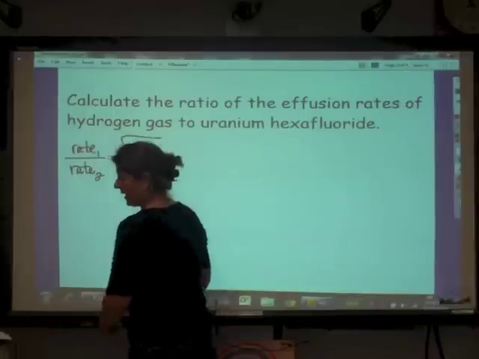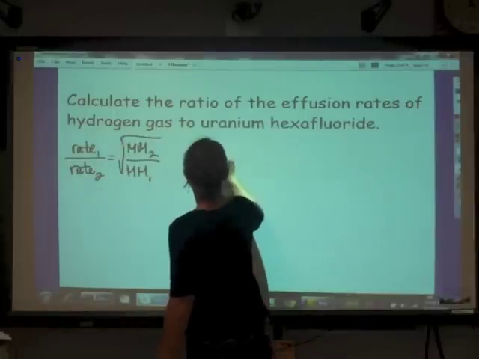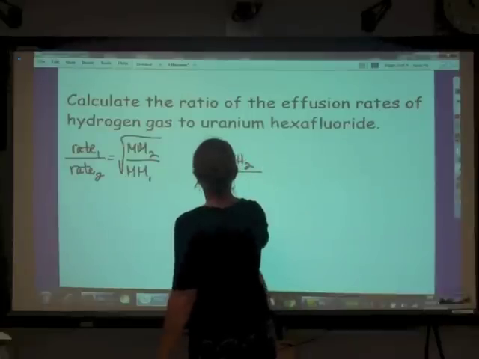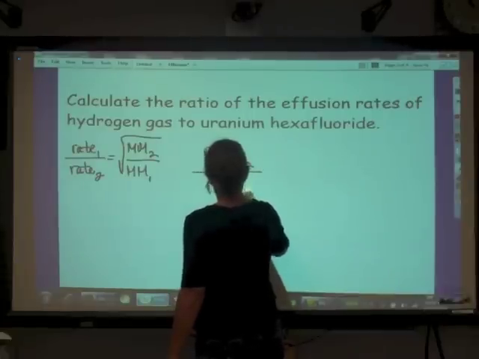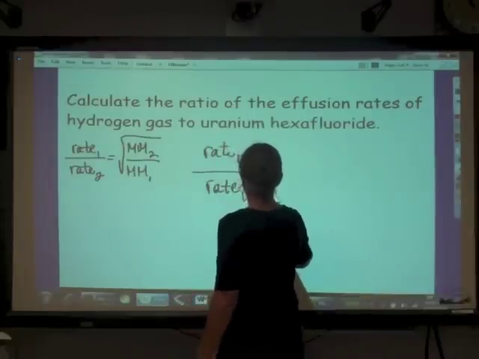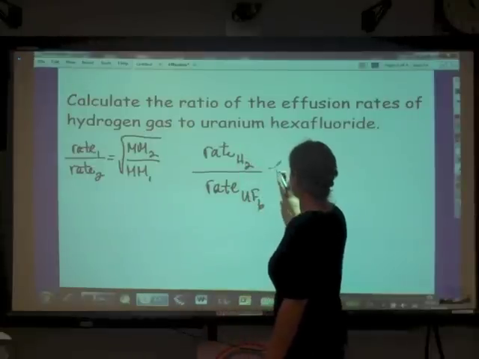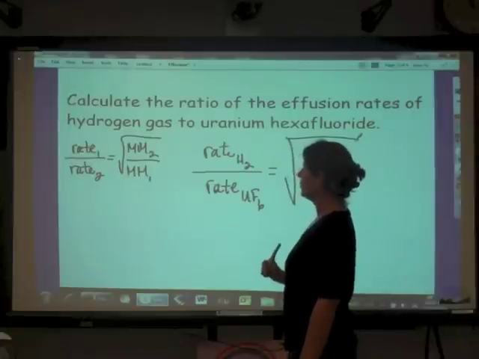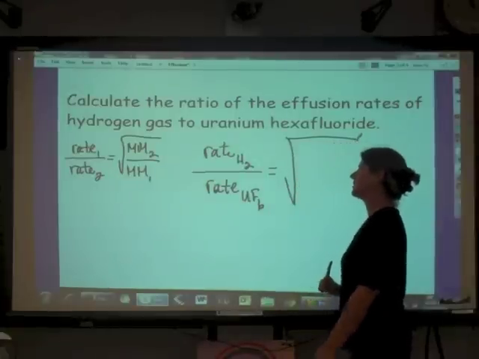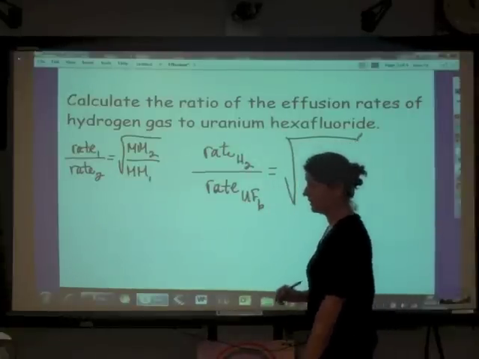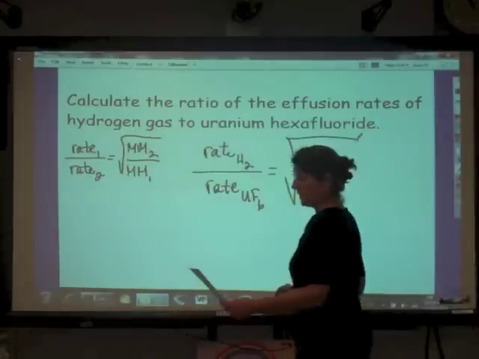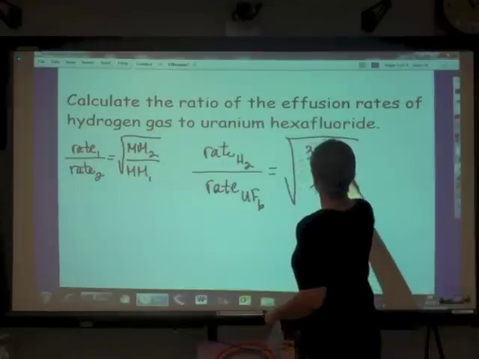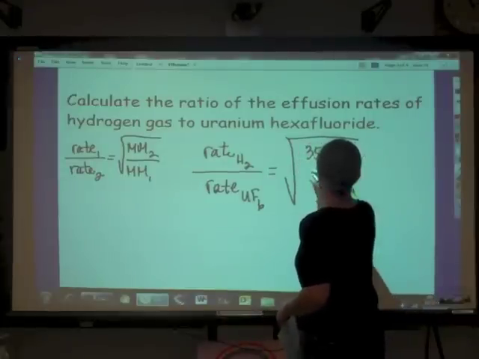So we're going to say the rate of H2 over the rate of uranium hexafluoride is equal to the square root of their molar masses. The molar mass of uranium hexafluoride is very large because of that uranium: 352.02.